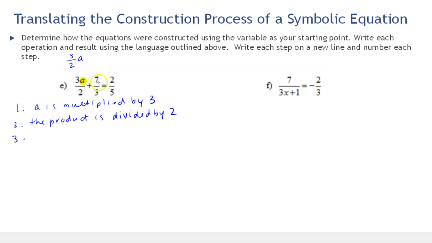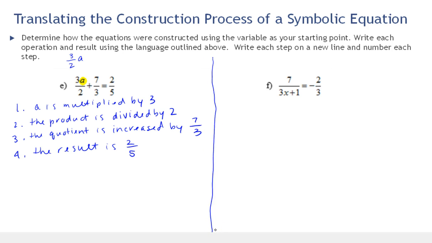Now we're going to add 7/3, and the last part was division, so we have a quotient. The quotient is increased by 7/3, and then we have the result is 2/5. So not too bad.